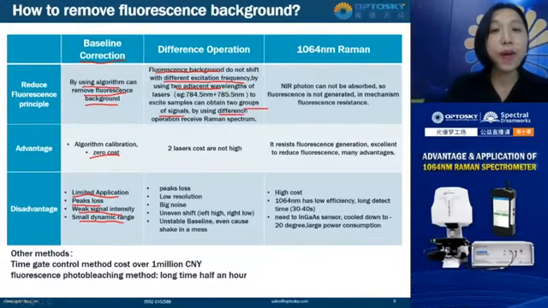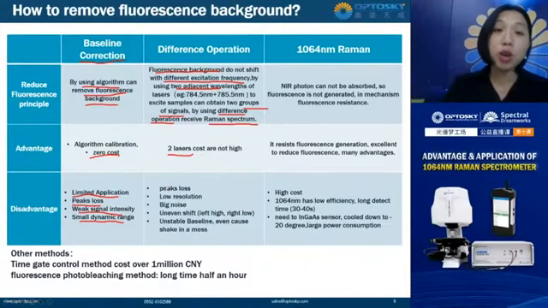By using the difference operation, we can obtain the Raman spectrum, and this Raman spectrum has reduced fluorescence background. The advantage is obvious: it only uses two lasers, because laser cost is relatively mature and relatively low nowadays.